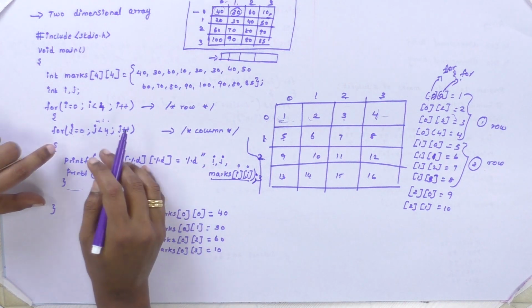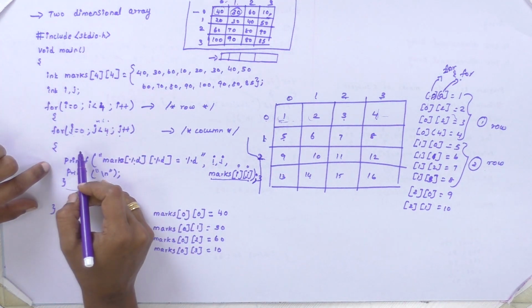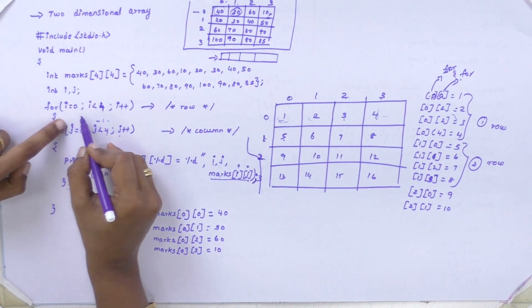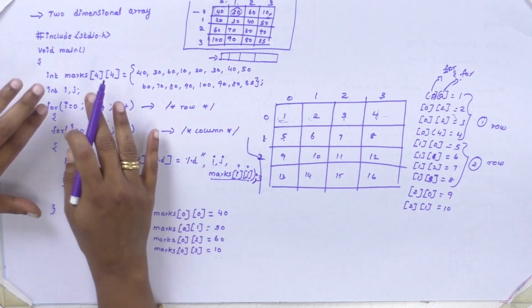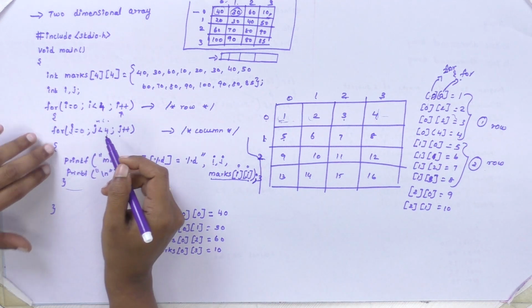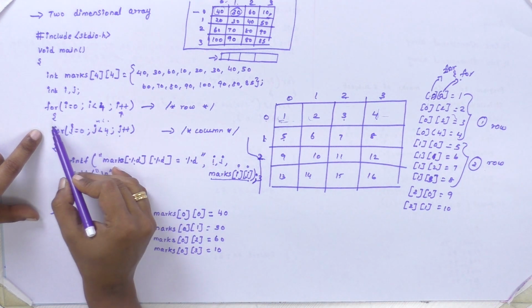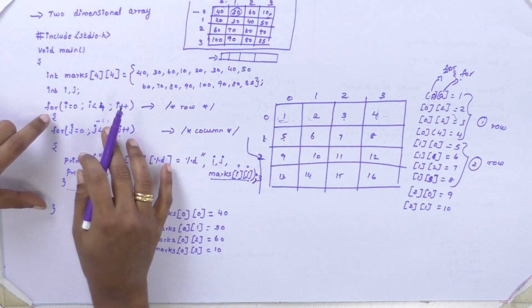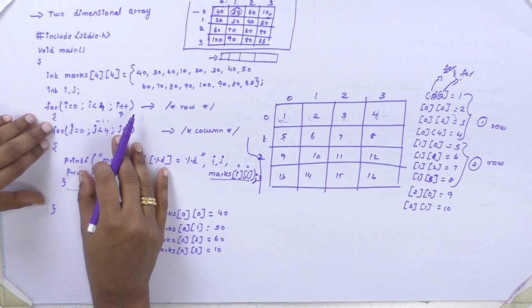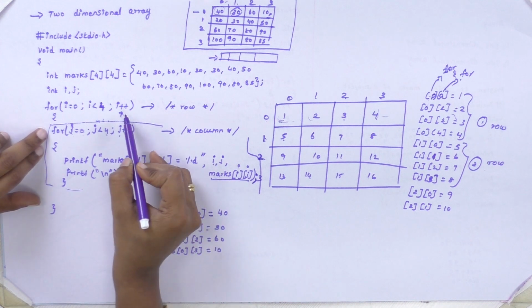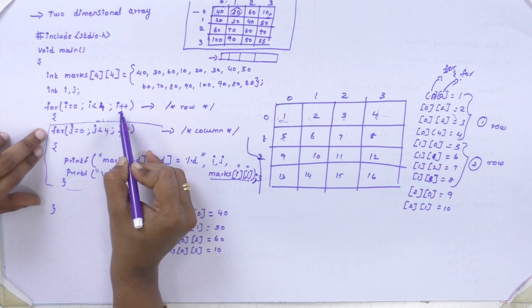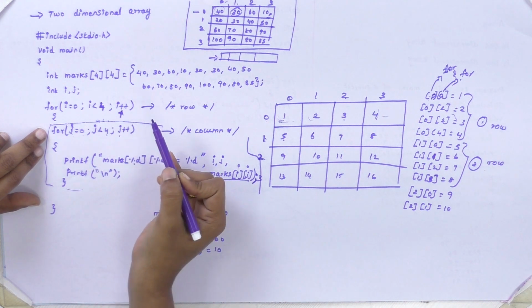When it comes out of the loop, only then will the i value be incremented. So when you use a nested for loop, first it will do the process of the inner for loop until the condition gets false. After the inner for loop is over, only then will it increment i.